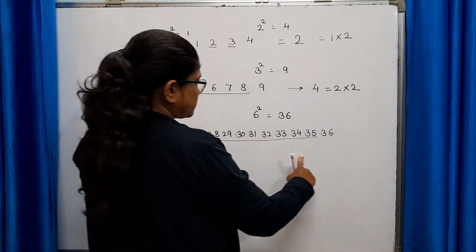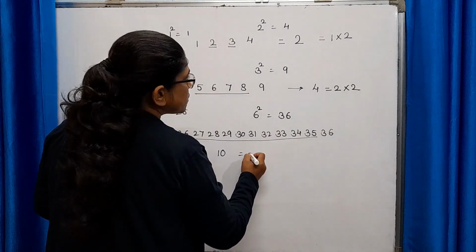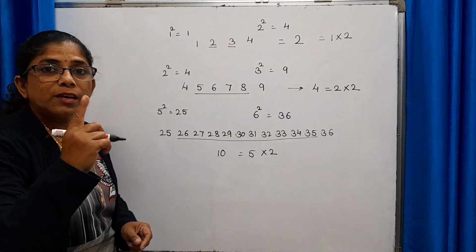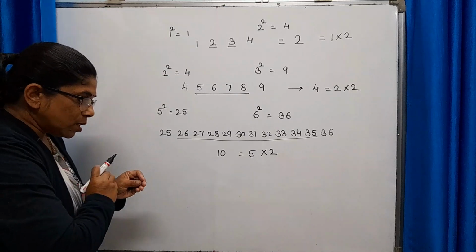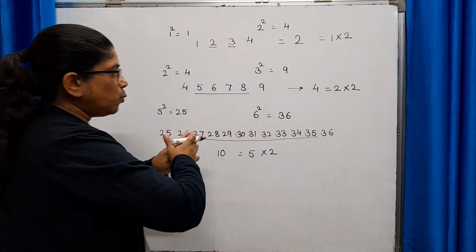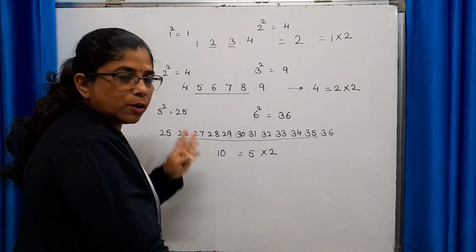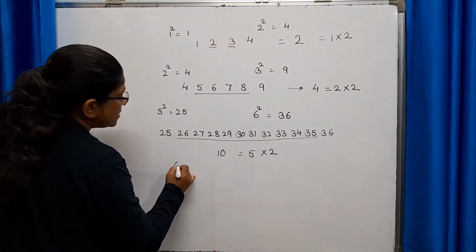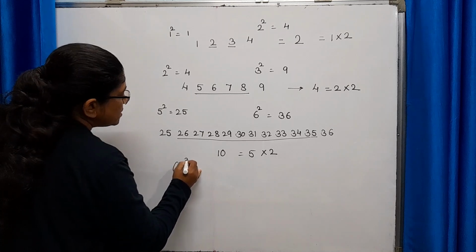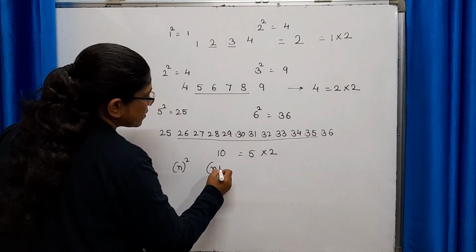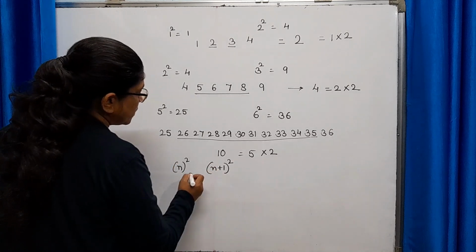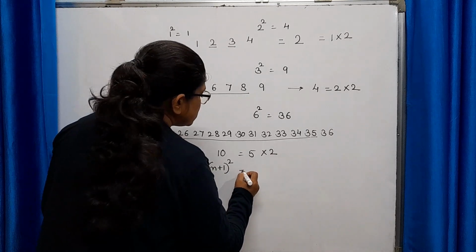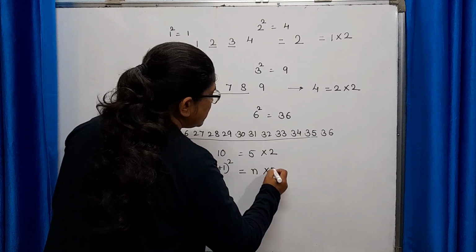In this case it is 10, which is 5 into 2. So what can we conclude here? The number of numbers between two consecutive perfect squares, n square and n plus 1 square, is n into 2.